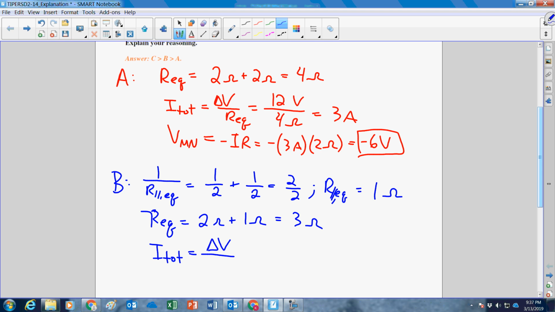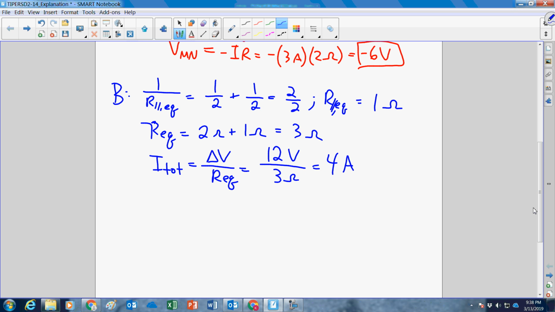So voltage over resistance gives me 12 over 3. So now I'm getting 4 amps worth of current, which then, when I calculate the voltage drop from M to N, I can see that I'm going to get a bigger one.